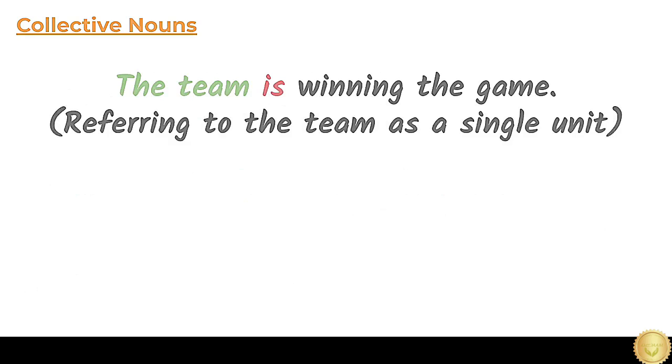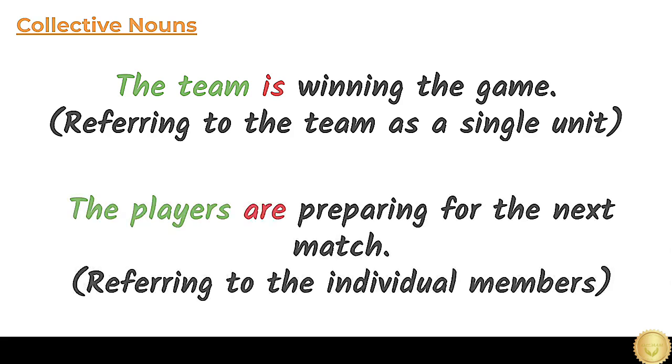So, for example, the team, so we're treating it as a whole unit here. The team is winning the game. Okay, so singular. However, when we're talking about the players, now we're referring to the individual members and is changes to are. The players are preparing for the next match.